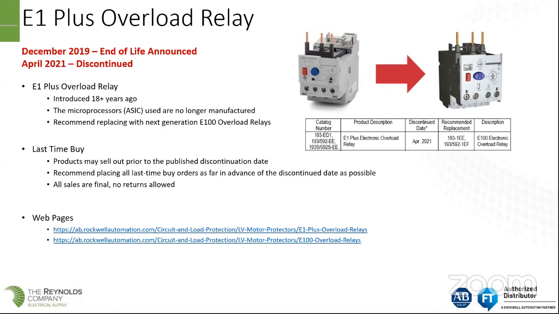And then we also offered it in the E1 Plus version, which had the adjustable trip range or trip settings from class 10 all the way up to class 20, class 30, as well as automatic and manual reset. And then also the option to add on additional protection modules on the side, as well as additional network modules on the side of it. So it kind of took that basic level overload relay, enhanced it, and gave you some more features out of that basic overload.